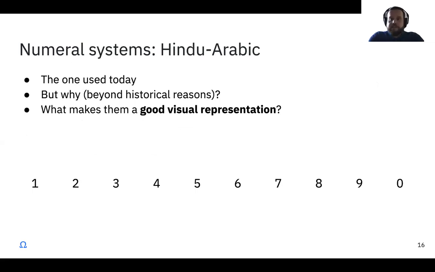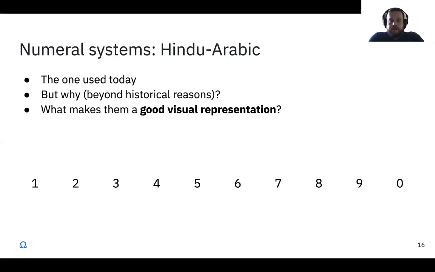It comes as no surprise that the current system that we use is the Hindu-Arabic numeral system, but here we are at the information visualization course, and we want to ask why. So beyond the historical reasons, what makes our numbers a good visual representation?